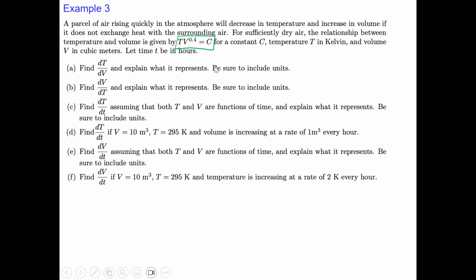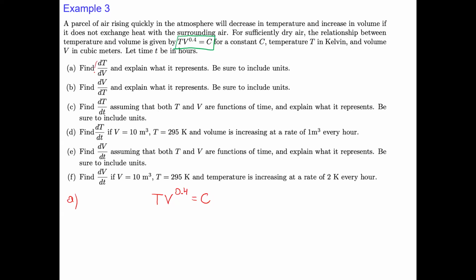Now we have to calculate part A: the rate of change of the temperature with respect to volume, and explain what it represents. Be sure to include units. Let me do it here, part A. First of all, we have the equation: temperature times volume to the power of 0.4 equals constant.